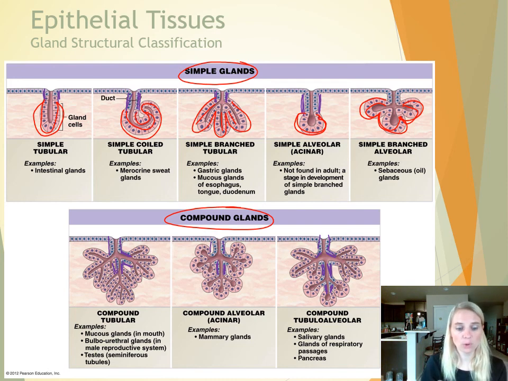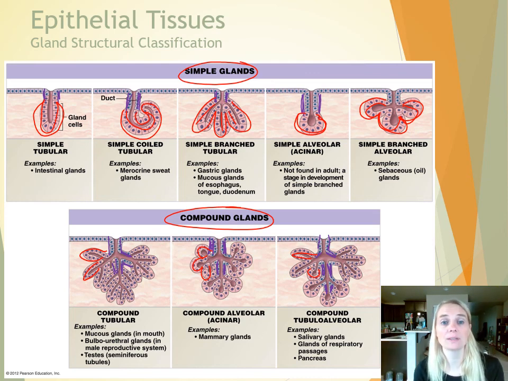Okay, so wherever I put the purple, those are duct cells. And since there's more than just one set of those, that makes them compound. And then we can take a look at their shape. So it can be compound tubes, compound circles called acinar or alveolar, and compound tubes and acinar. Tubuloalveolar is what they're called. So this is just giving you some names to the shapes of how these exocrine glands can be found in your tissues.